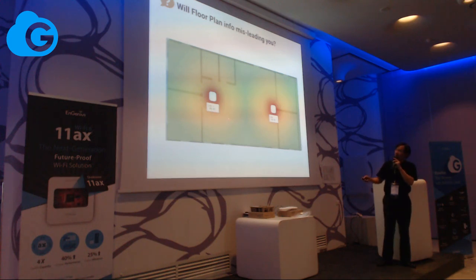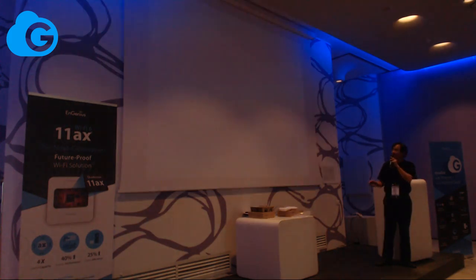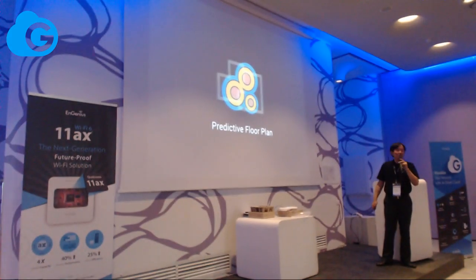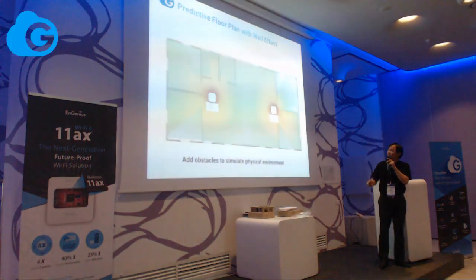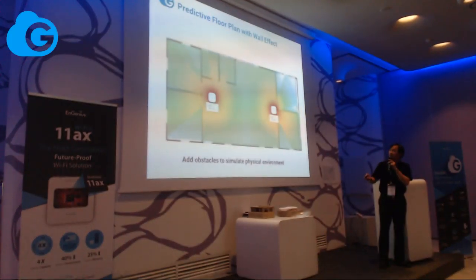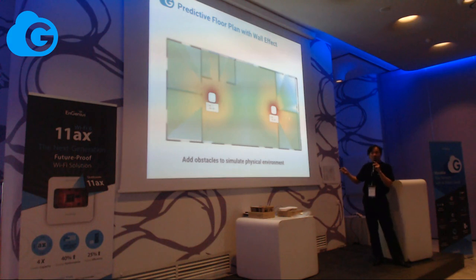If you put all the walls and obstacles here, then we can do the predictive floor plan. So with the walls, the actual heat map looks like this. Actually, you cannot cover the whole area. There are some blank spots here, so you'd better put another AP down here. This is what our floor plan can do.